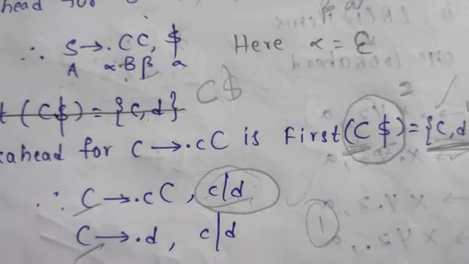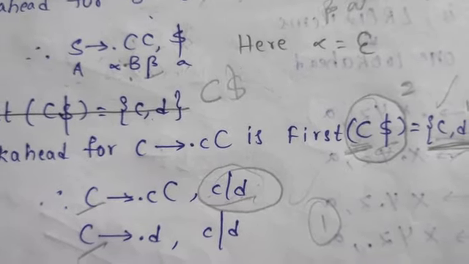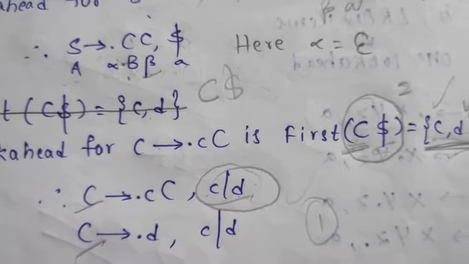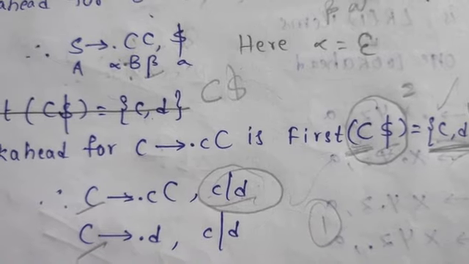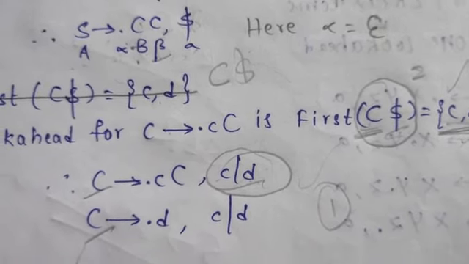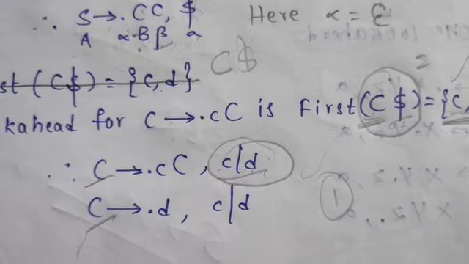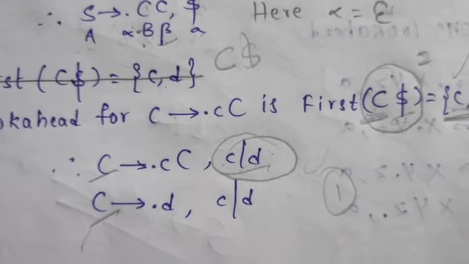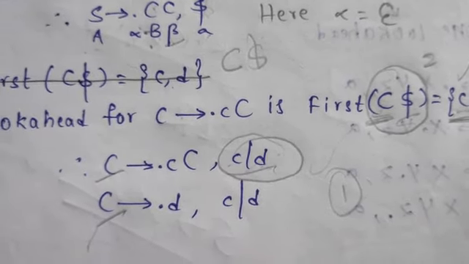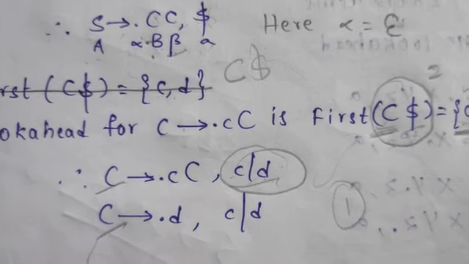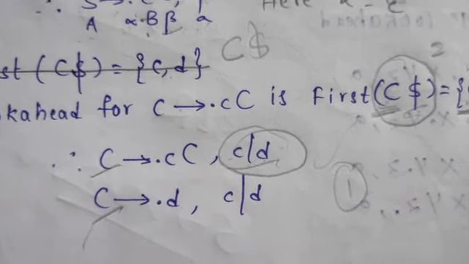For that case this can be considered as LR of one items. Why? Because two terminals are there, but it can be indicated by a slash. That means in both of them we can use one at a time. For that reason it should be an LR of one item.